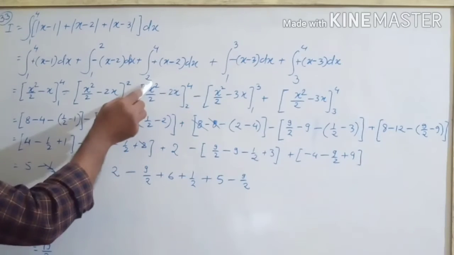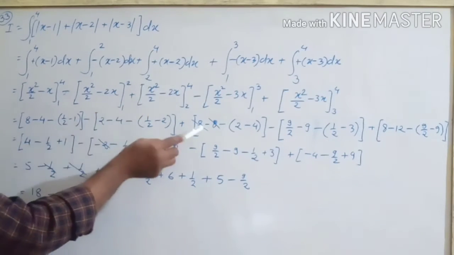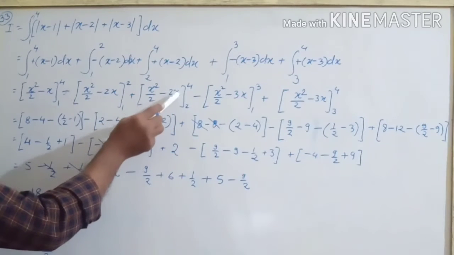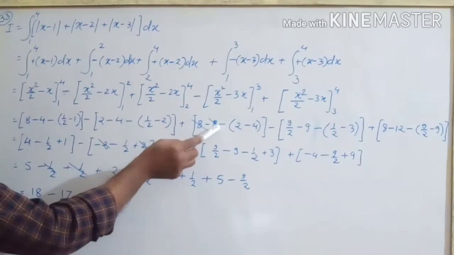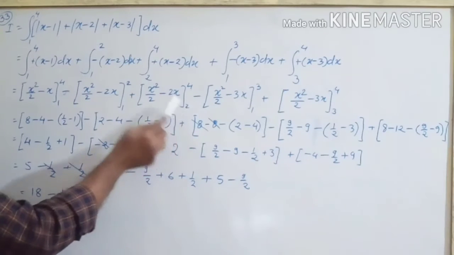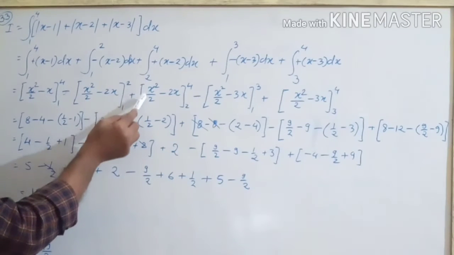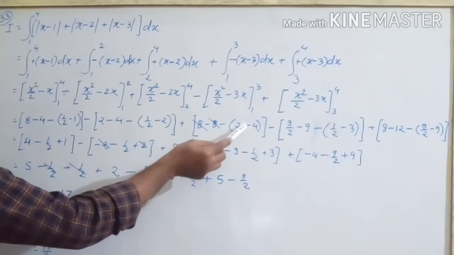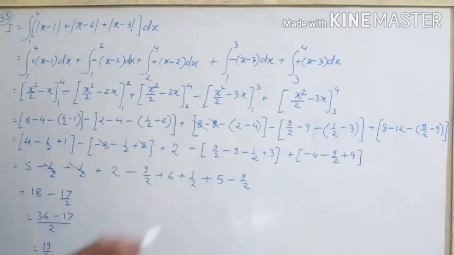Upper limit 4, so 4 square is 16, 16 by 2 is 8, and when you write 4 here, 2 into 4 is 8, so plus 8 and minus 8 cancel out, minus lower limit 2, so 2 square is 4, 4 by 2 is only 2, minus 2 into 2 is 4.